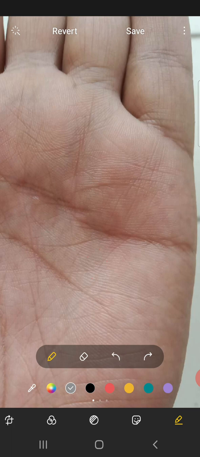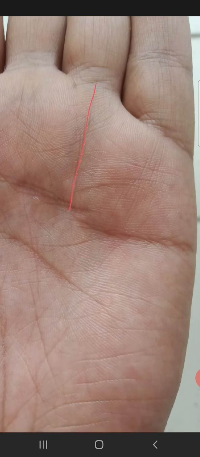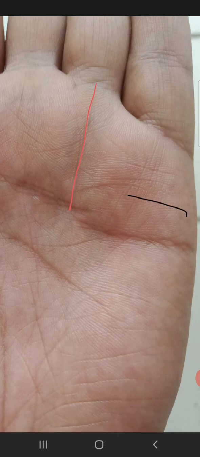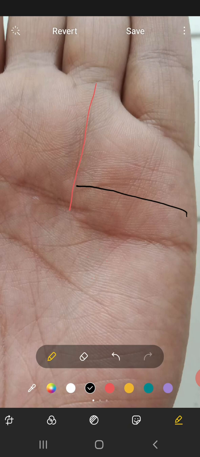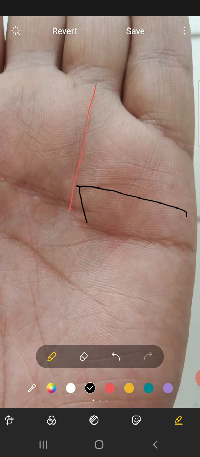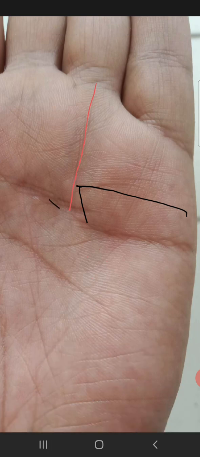Now there are some formations where you can see that the Sun line is there. This particular line comes and touches, and a branch of it goes and touches here. This is again a Raja Yoga because it forms a triangle with the base.